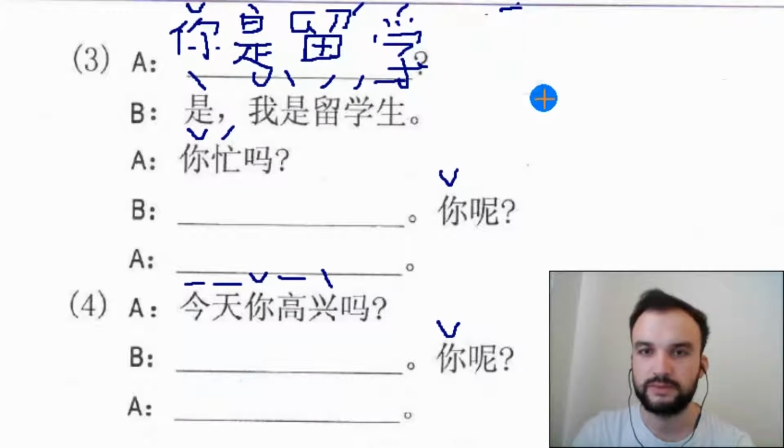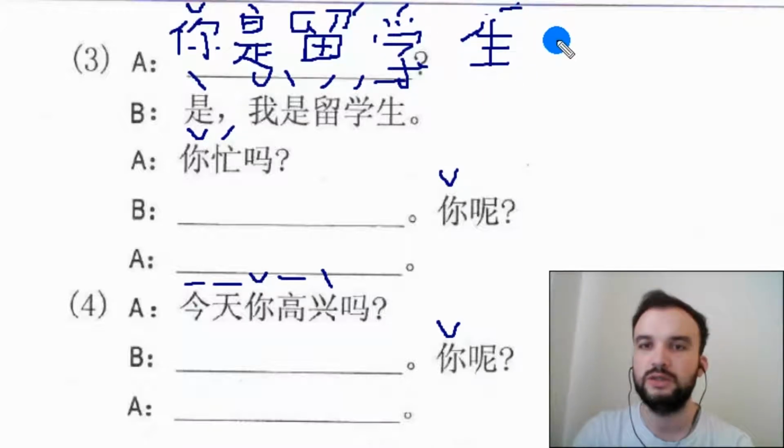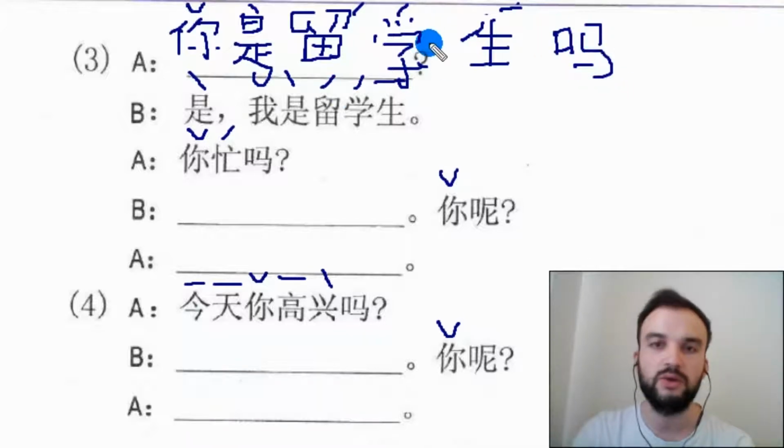Liu xue sheng, and we are making a yes-no question, so put 吗 at the end of the sentence. 你是留学生吗? Are you a foreigner student? Sure, yes, 我是留学生. I am a foreigner student.